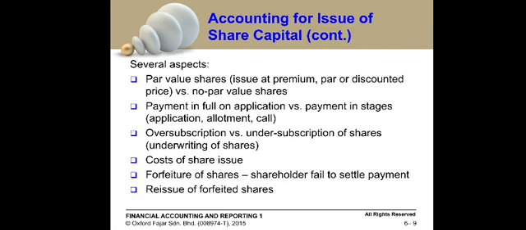The total application is more than the amount that the company wants to sell. For example, the company wants to sell shares up to $10 million only, but the applications are like 15 million or 12 million. So that situation is called oversubscription.